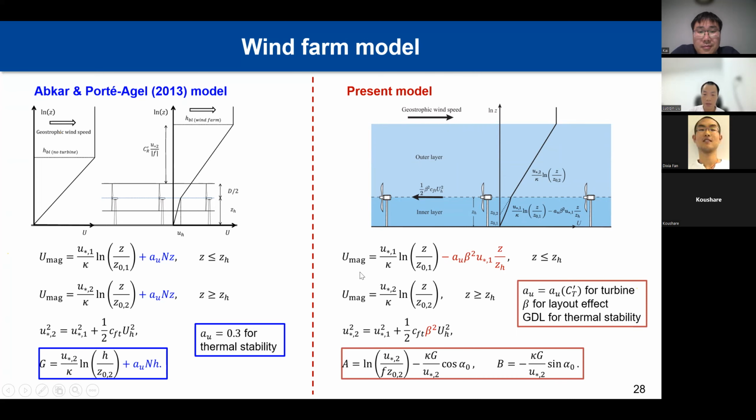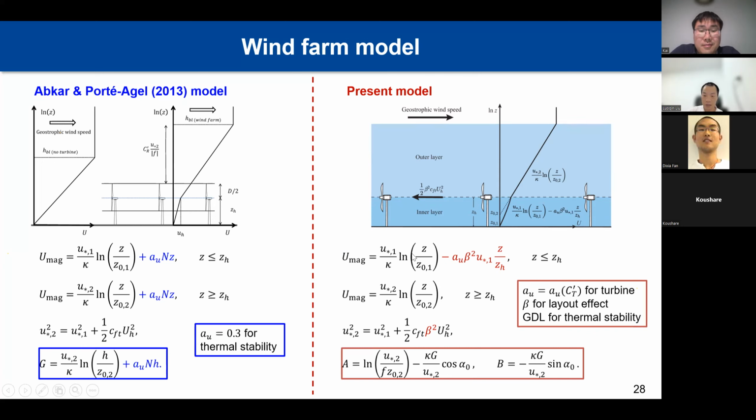Below the half height, because the thermal stratification in the free atmosphere has negligible contribution, there is only a minus term to account for the drag slowdown effect by turbines. And above the turbines, the slowdown effect is more or less balanced by the thermal stratification acceleration effect.